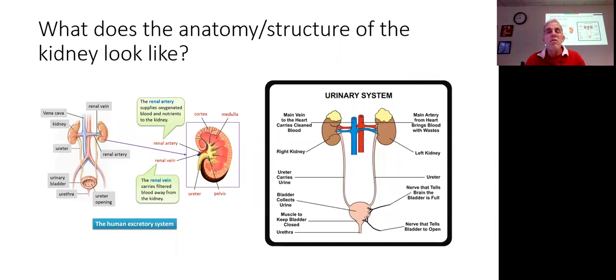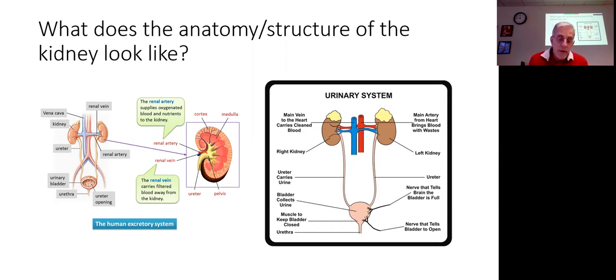Okay, anatomy, structures, what do they look like? So the kidneys are basically one of our primary filtration systems, and it gets fed by the renal artery, as well as the outward flow through the renal vein.